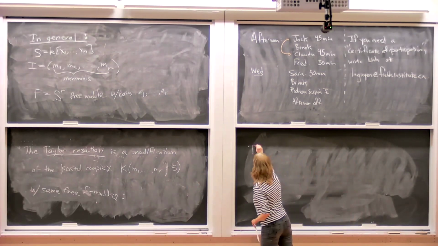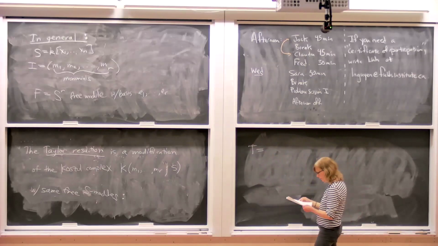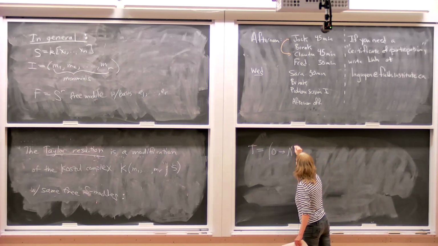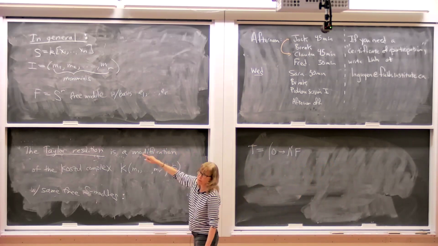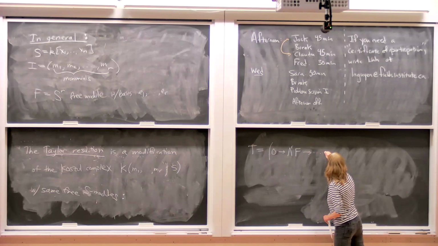So I'm almost done. T for the Taylor resolution, I usually call it T instead of F. So it's the following complex. 0 goes to wedge r of this free module F, the free module of rank r over S, and so on.